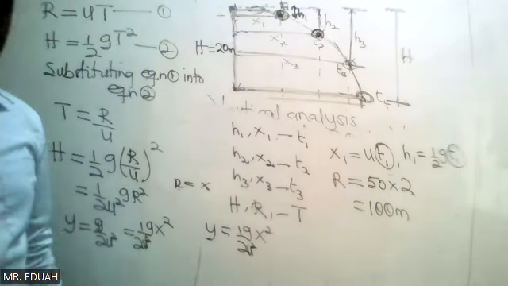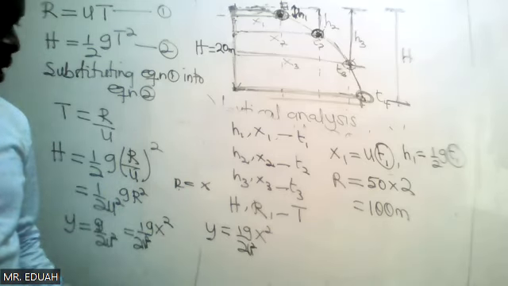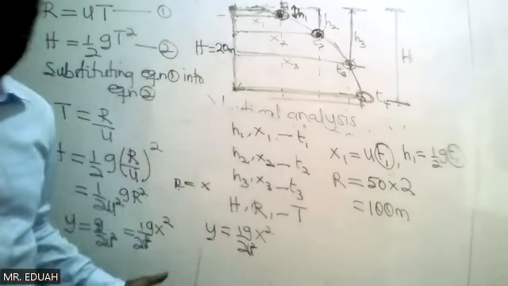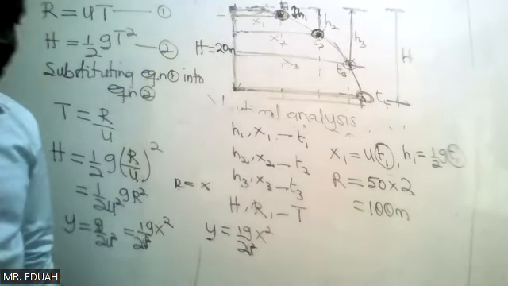J is constant, and U is the velocity of projection, which will be given.